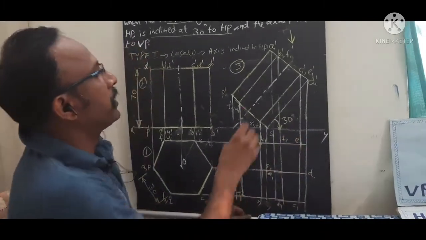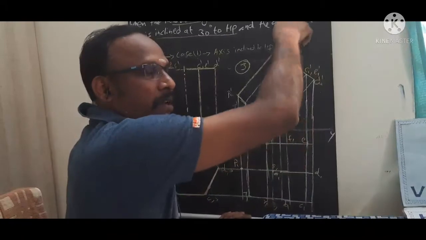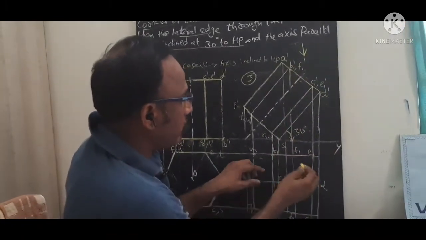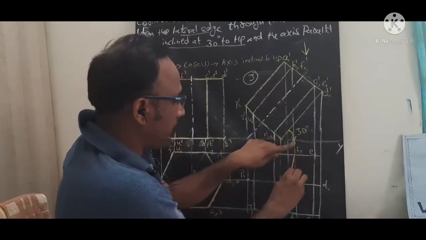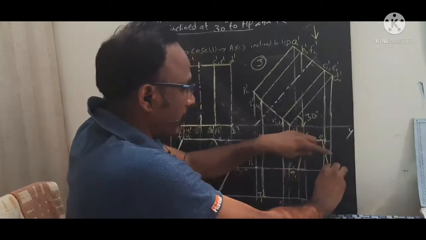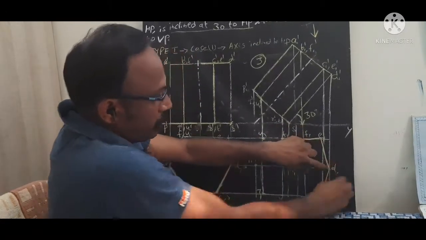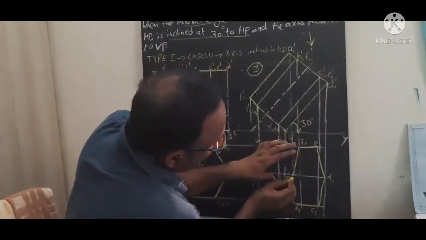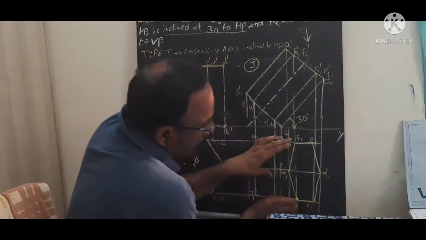Now we need to join the top view. So this is the hexagon, but as some videos will say, we need to join these points as the thicker one. This is our final solution. You complete this front surface of this hexagon.